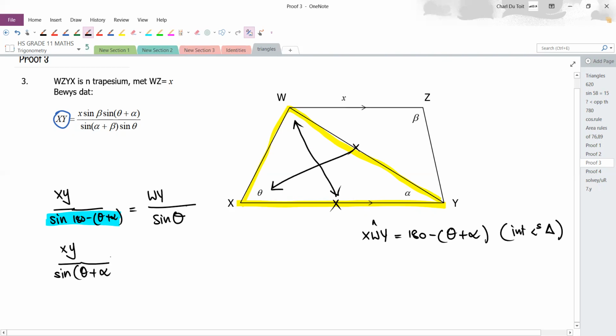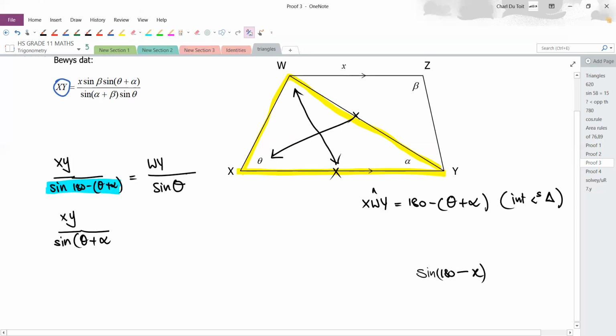Remember, sin of 180 minus x is second quadrant, so it's positive sin x. X is just that theta plus alpha angle. Yes, sir. Good. And that equals wy over sin theta.